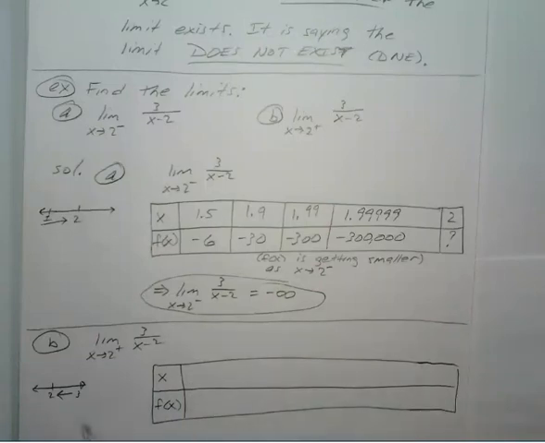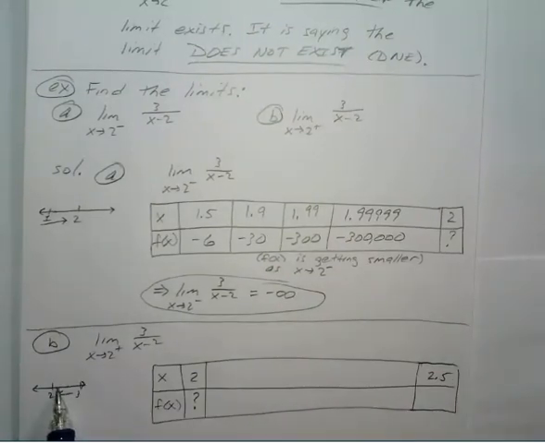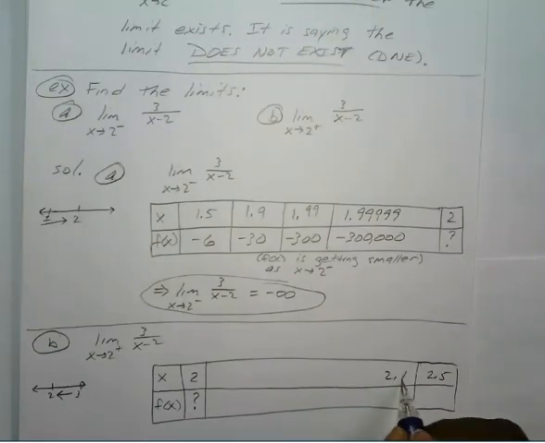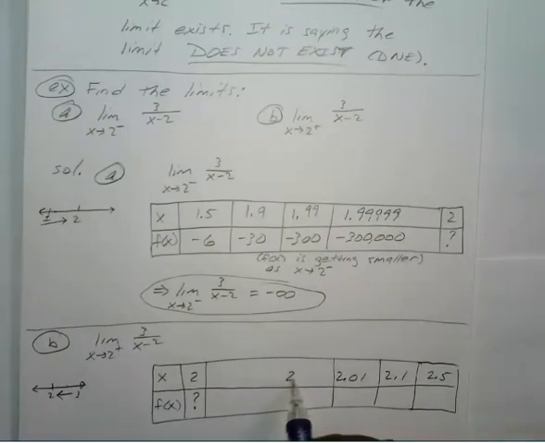We're approaching 2 from the right, so we'll put 2 here and our little question mark there. What if we put in 2.5? Because remember, we're coming this way, so 2.5 is about there. Then we get a little closer, let's say 2.1, 2.01, 2.001, and 2.00001. So we're getting closer and closer to 2.